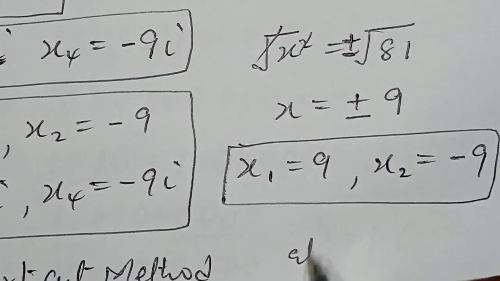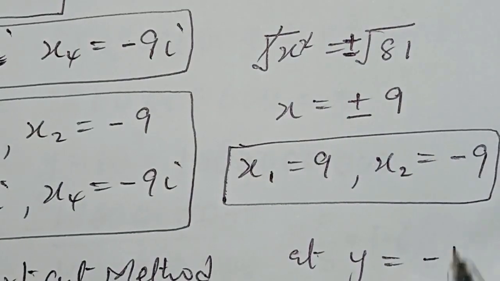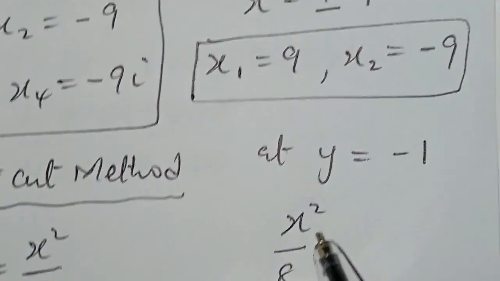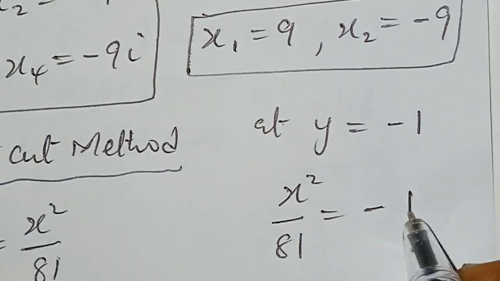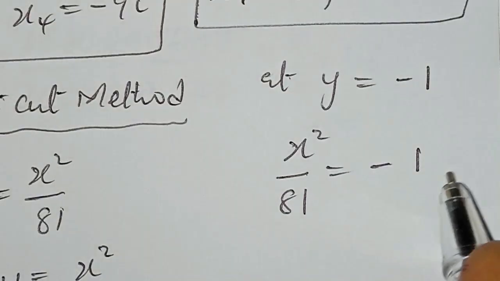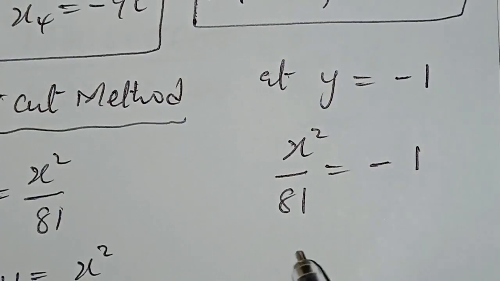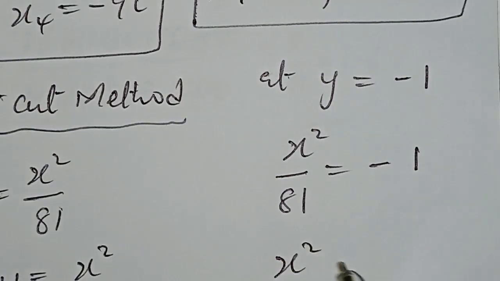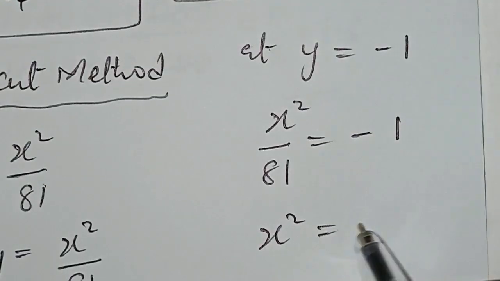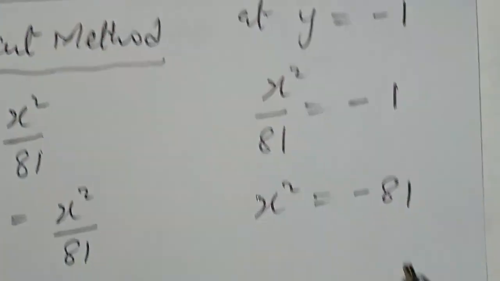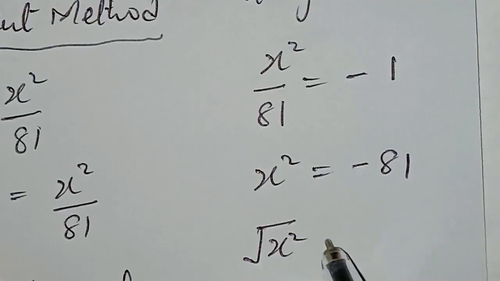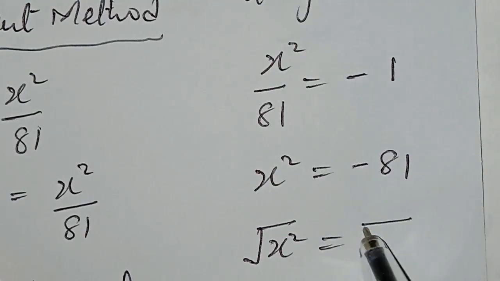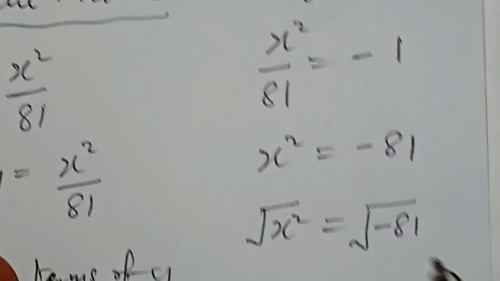So at y equal to minus 1, we have x squared over 81 equal to minus 1. Multiply both sides by 81, we have x squared equal to minus 81. We take the square root of both sides: the square root of x squared equals the square root of minus 81.